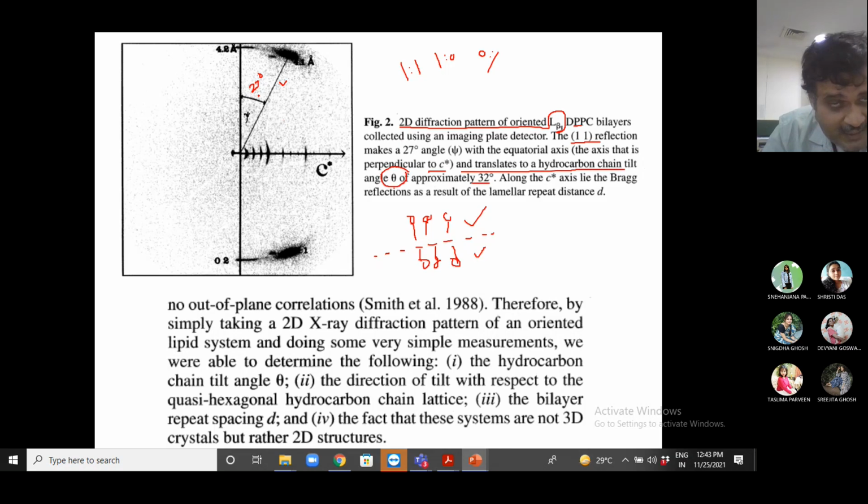From this tilt axis there is a formula that can be translated into the angle at which these hydrocarbon chains are tilted with respect to the perpendicular axis of the membrane. So, just by looking at the figure, they told that this angle is 32 degrees. There is a mathematical expression that connects this 27-degree angle with the tilt angle.